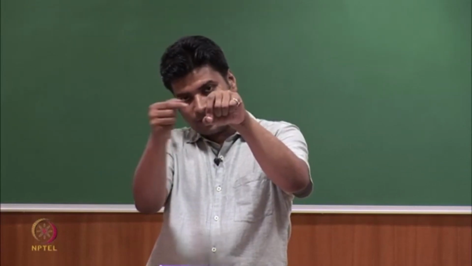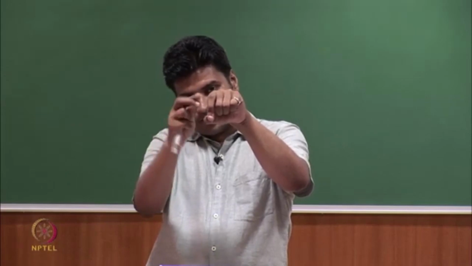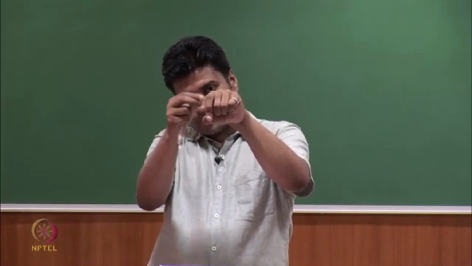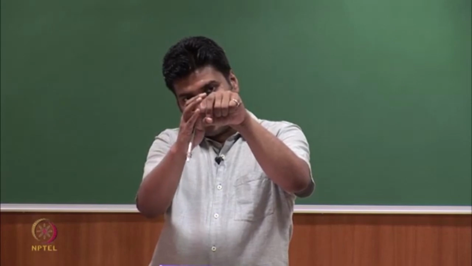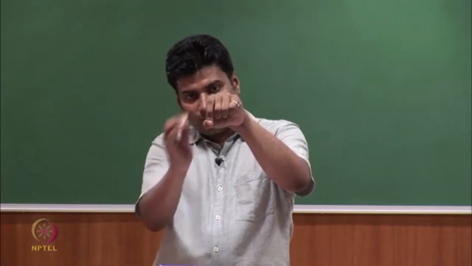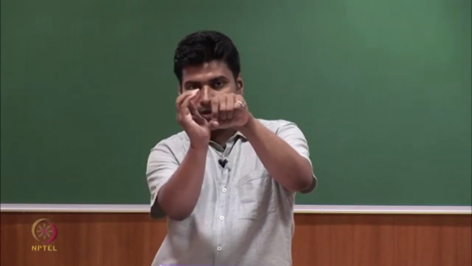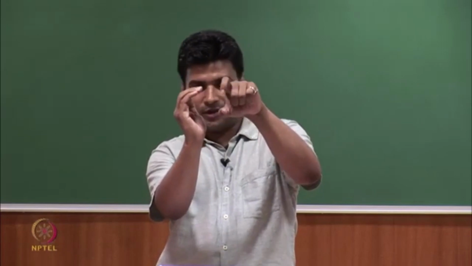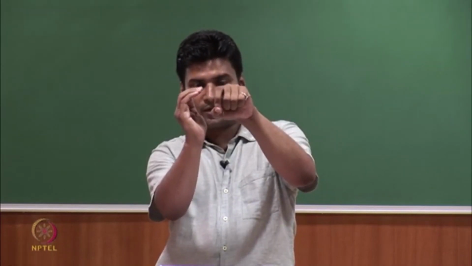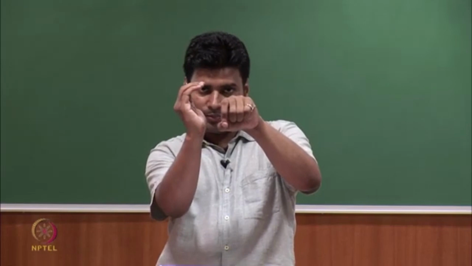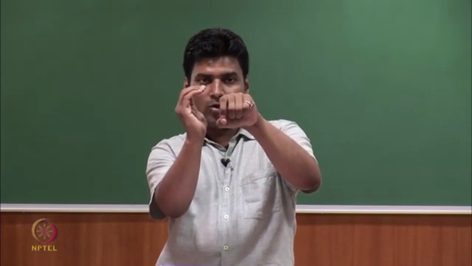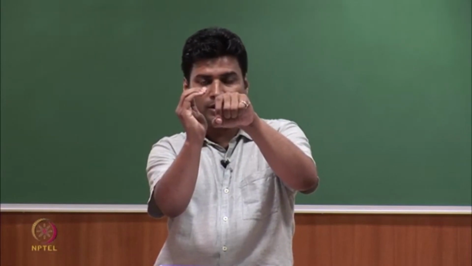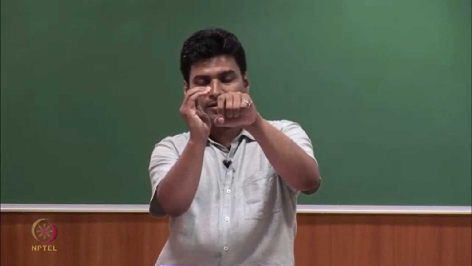If there is some u z, let us say positive u z, then this cross section can actually bulge, is it not? It can become something like this. Initially it is flat or planar, and afterwards it can become non-planar, or it can warp.